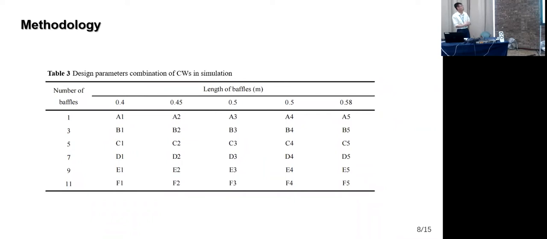This table shows the combination of the baffle parameters in my simulation. In my study, I mainly tested two baffle parameters, which are baffle length and the number of baffles.